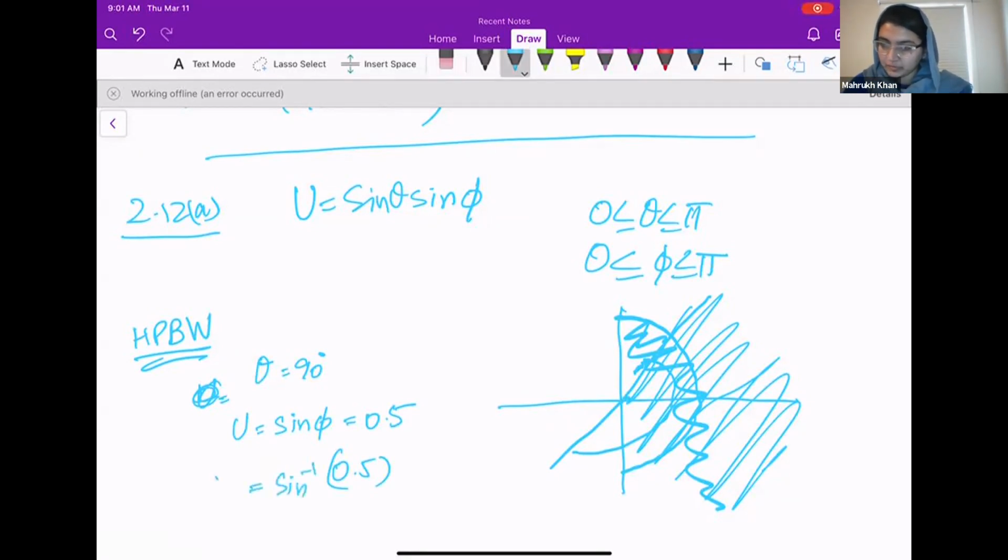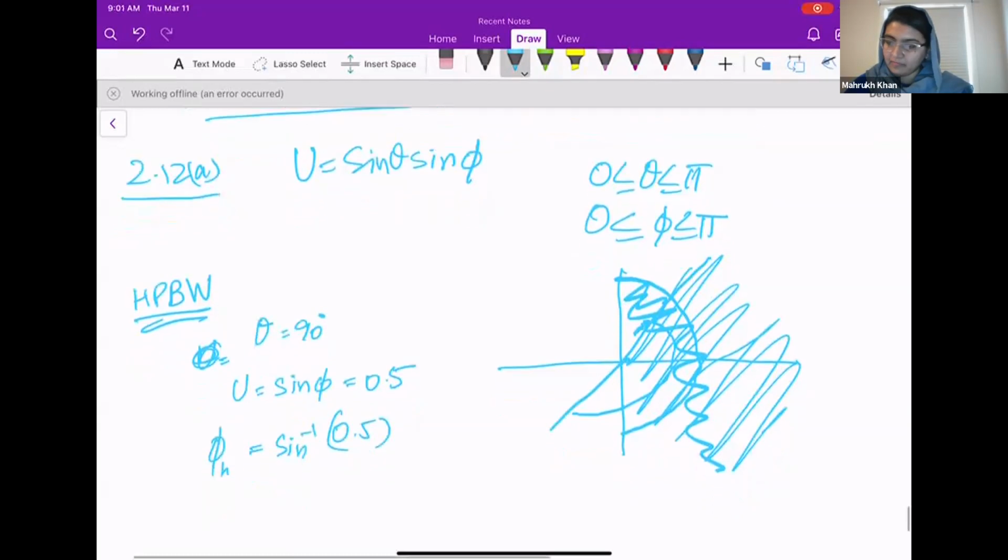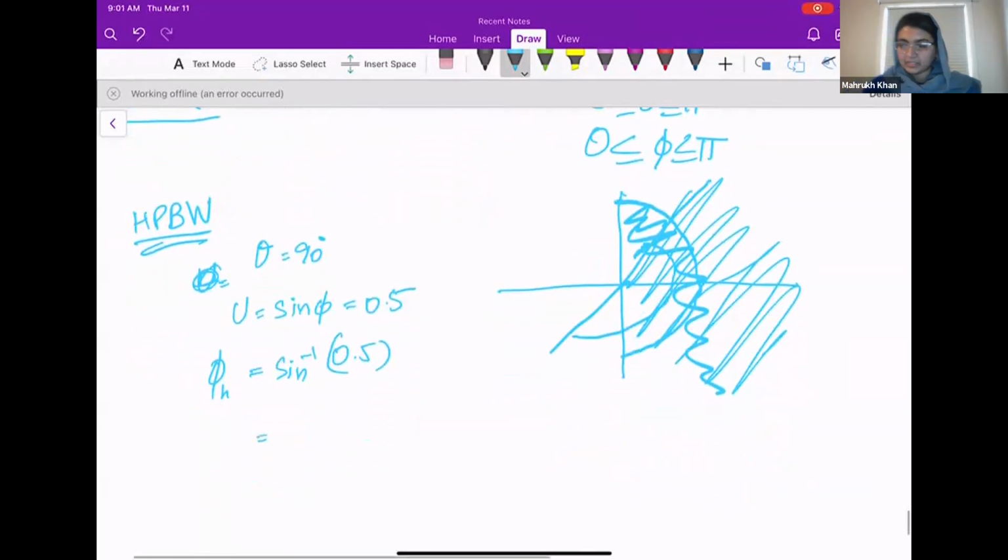Sine inverse of the half power point, that is 30 degrees at the 90 scenario.